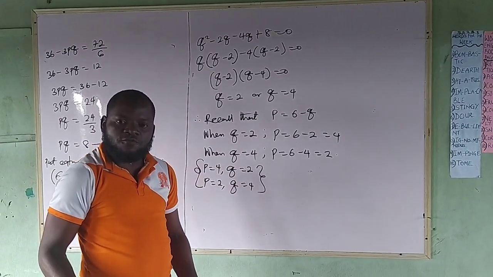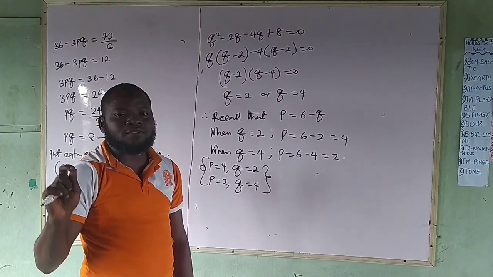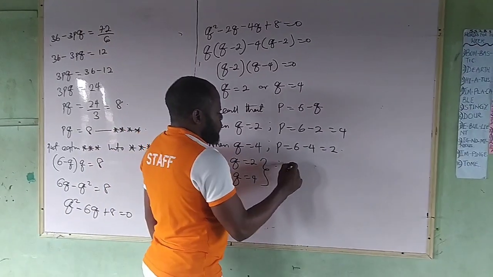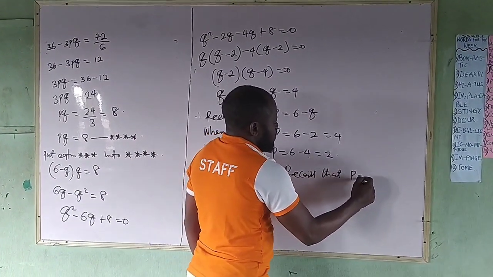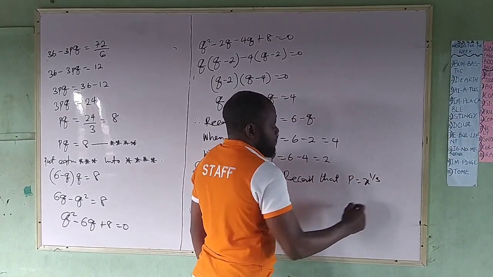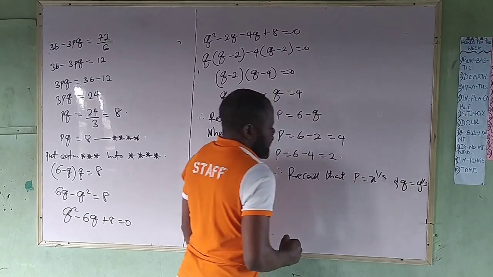But we are not looking for the value of p and q. What we are looking for is the value of what? x and y. So we recall that p equals x to the power of 1 over 3, and q equals y to the power of 1 over 3.